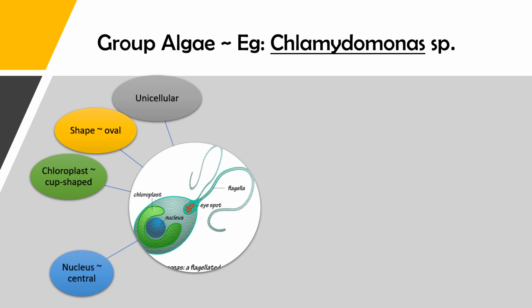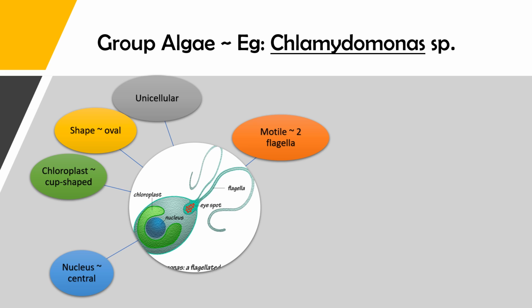What makes Chlamydomonas classified under the group algae is the fact that it has a chloroplast. So this chloroplast gives it plant-like features. And then Chlamydomonas is also motile.